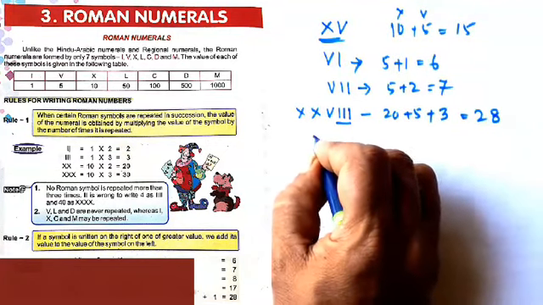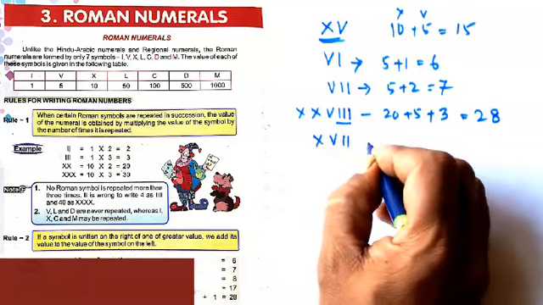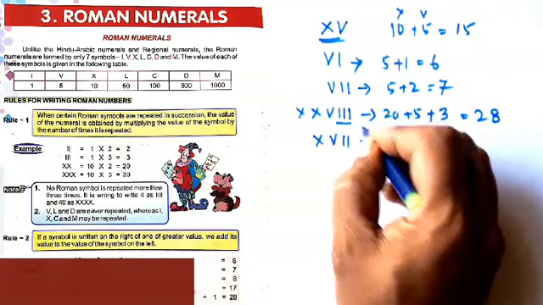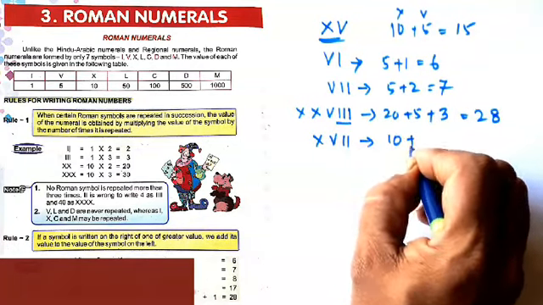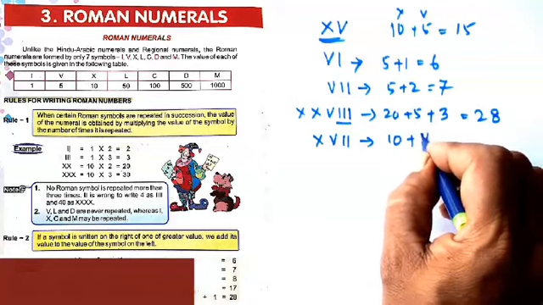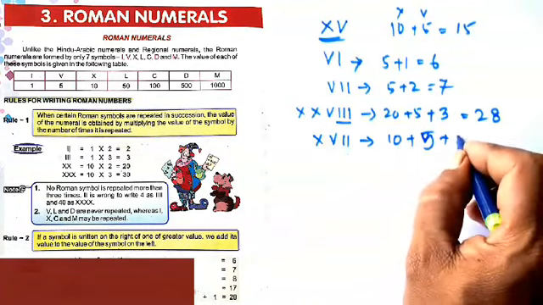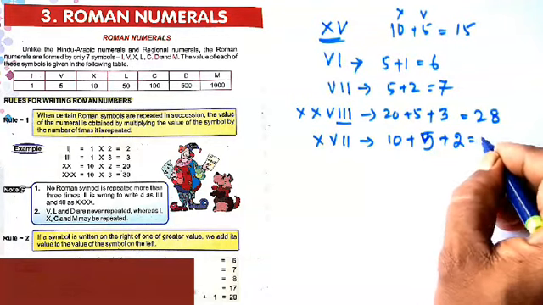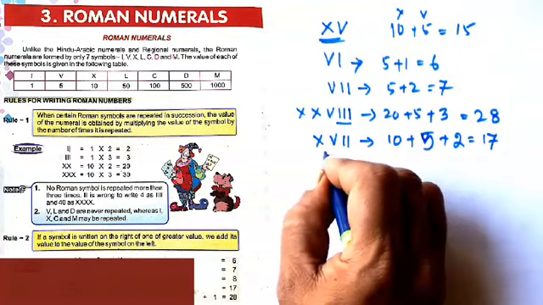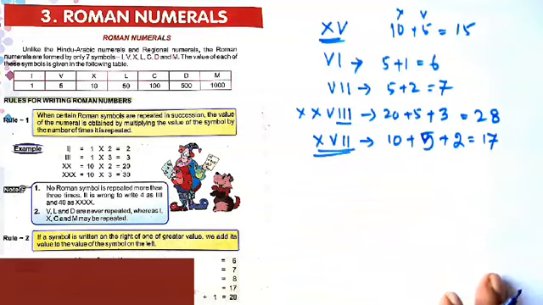The value of XVII is: the value of X is 10, value of V is 5, there are 2 I's equal to 2. The sum is 17. So the value of XVII is 17.